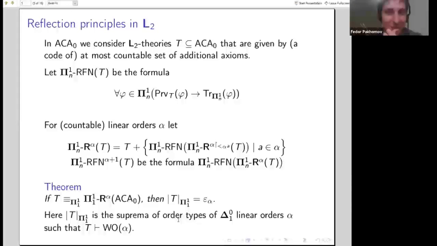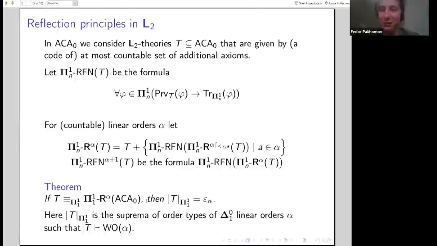So it's expected that this iteration of Π11 reflection should correspond to just all the epsilon numbers. This is from my older work with James.